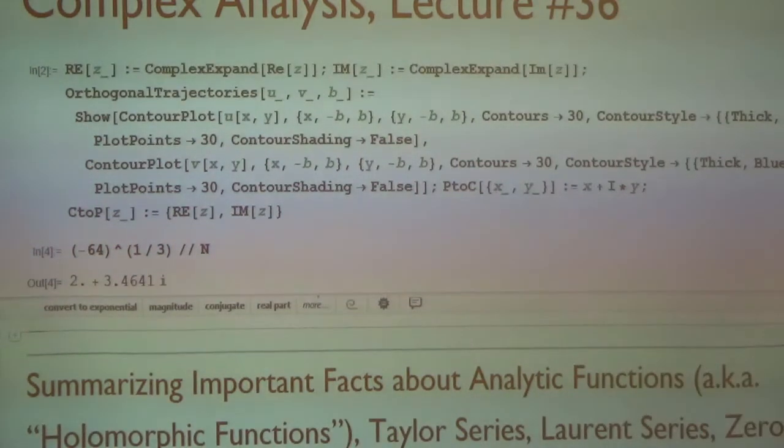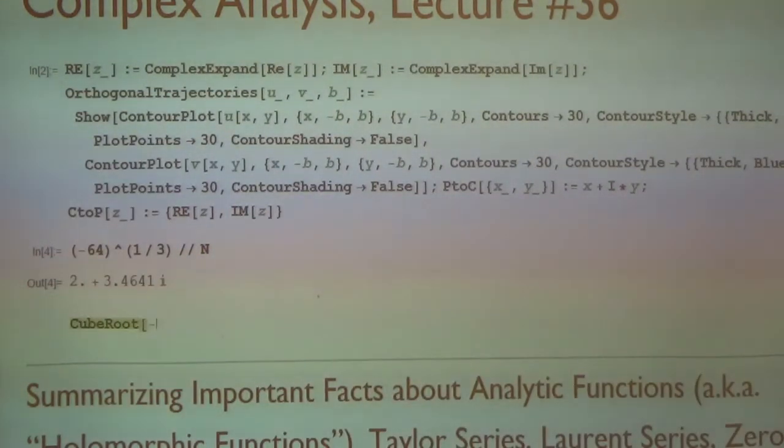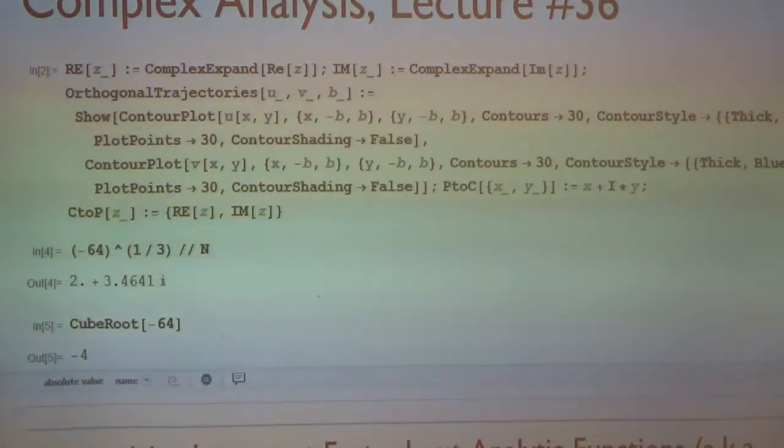It gives me the principal value. Mathematica is programmed to give you the principal value. If you want the real cube root of negative 64, you can use a built-in cube root function. That says negative 4. That gives you the real cube root. I think it was the very first day of class I talked about that. We were talking about Cardano's formula.